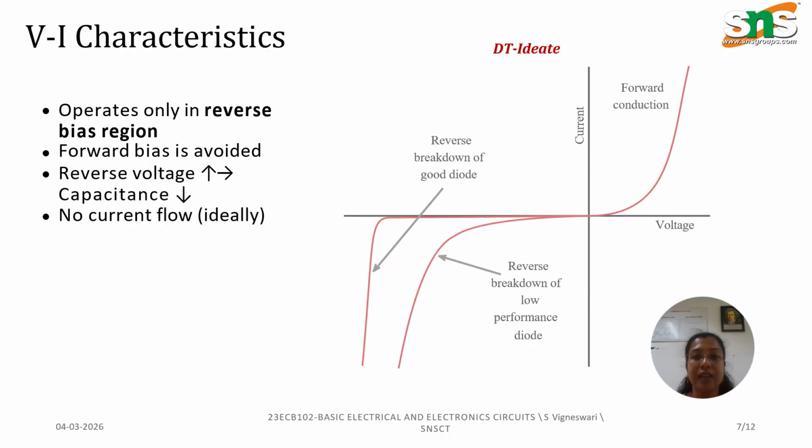Next, the VI characteristics. The varactor diode operates only in the reverse bias region. In the forward bias, it acts like a normal diode, which is not desired here. Ideally, there is very little current flow in the reverse bias, but the capacitance keeps changing with the voltage, and this property is what makes it useful as a varicap device.